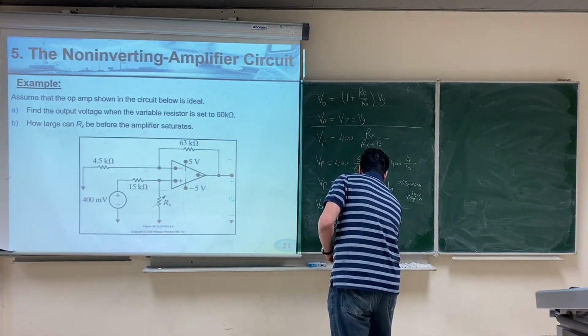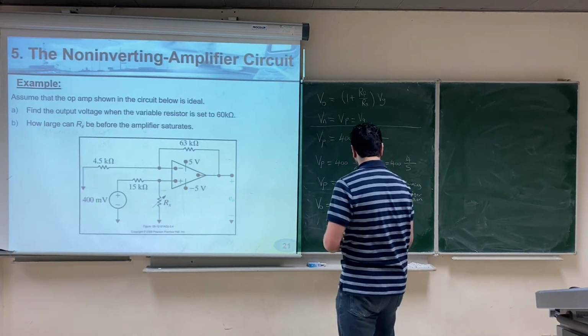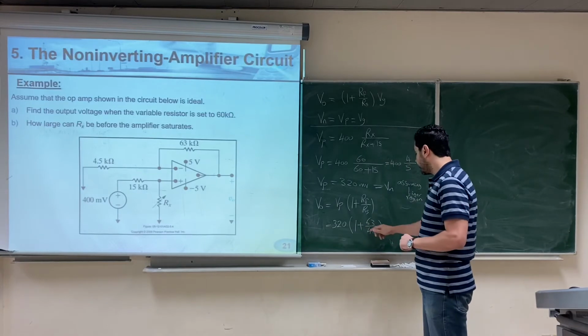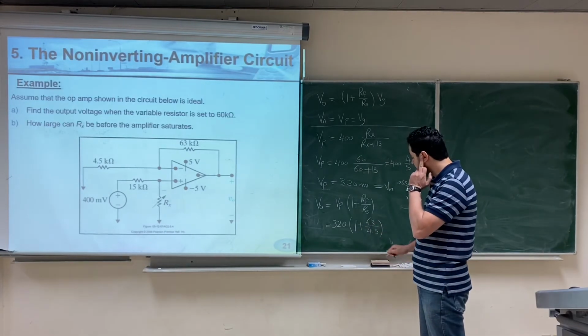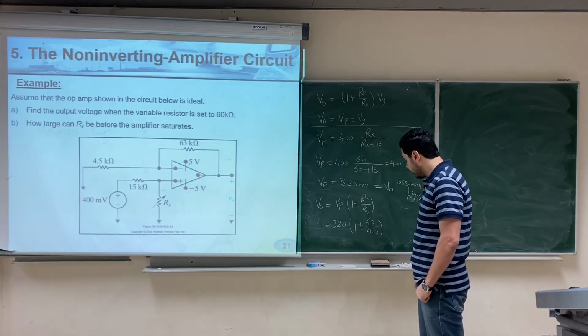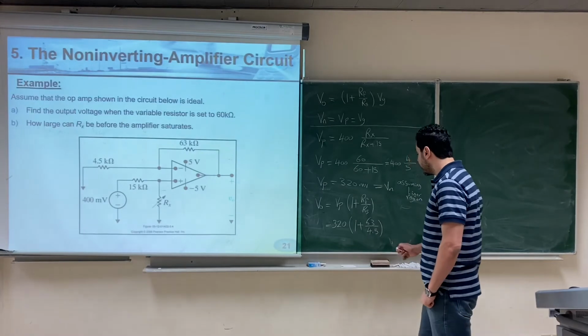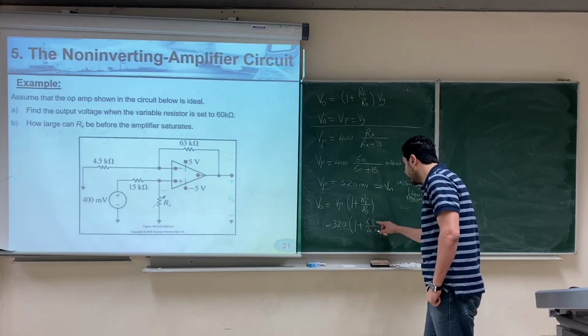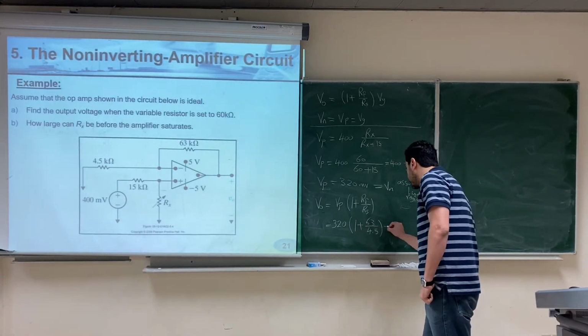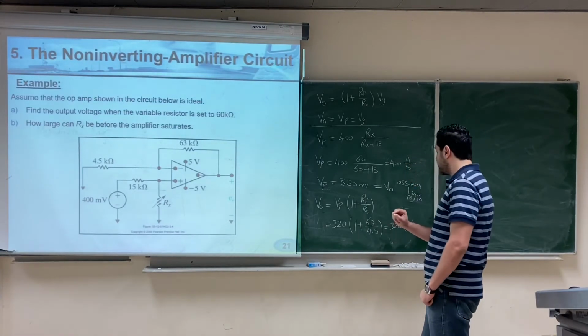So 63 over 4.5, if we multiply both the numerator and denominator by 2, it will be 126 over 9, which will give you around 14. Okay, 14 plus 1 is 15, so this will be 320 multiplied by 15.